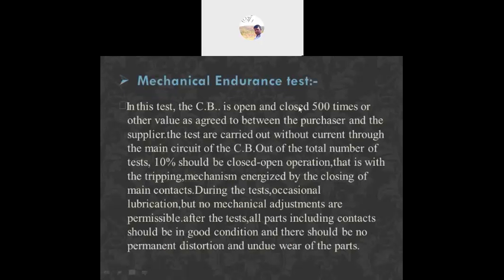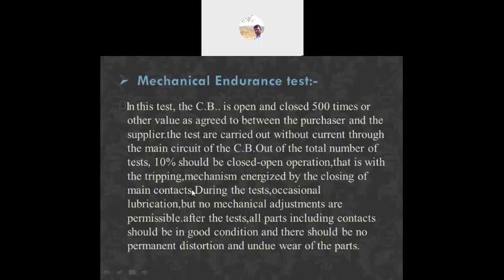The circuit breaker is opened and closed 500 times, or other values agreed between the purchaser and supplier, the seller and taker. The tests are carried out with current through the main circuit of the circuit breaker. Out of the total number of tests, 10% should be closed-open operations.